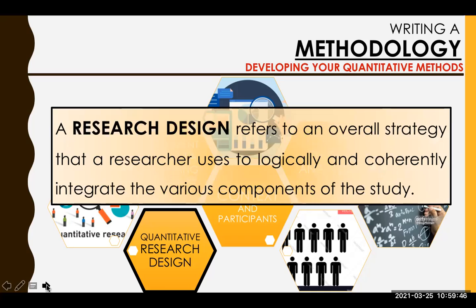It is always the first part of the methodology part, for it is a design that takes a certain shape the moment you lay the research's structure and components. It constitutes the blueprint for the collection, measurement, and analysis of data.